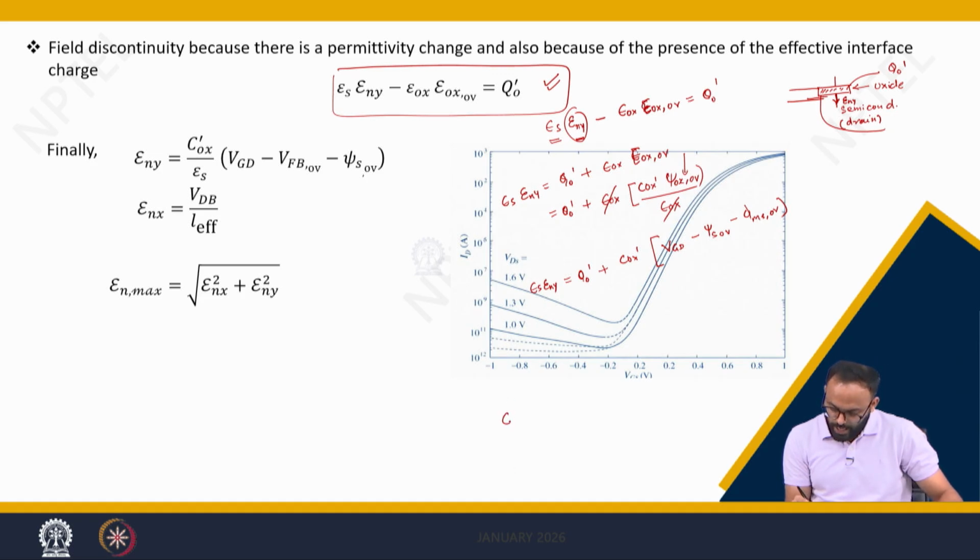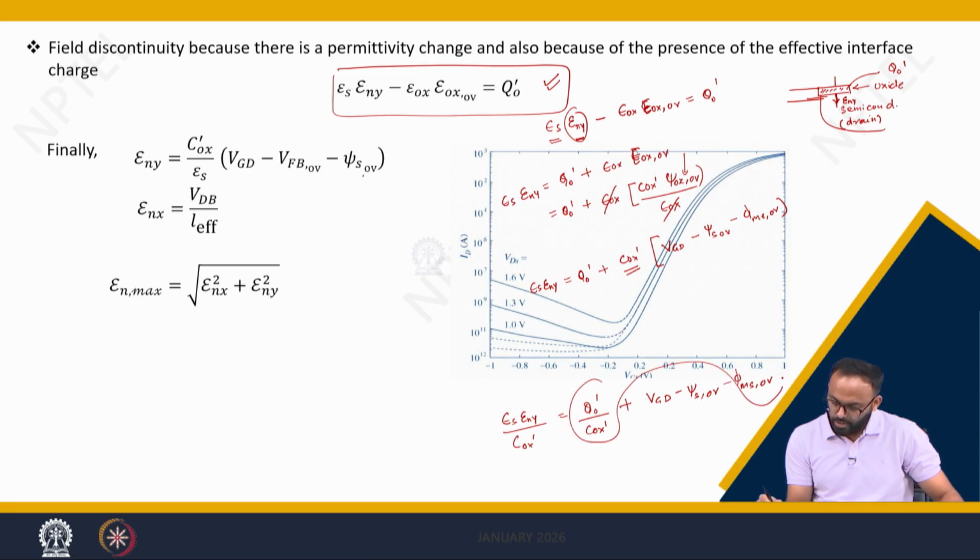Now, for epsilon S into E n y, you take psi Ox common, or multiply or divide by psi Ox on both sides, and you get psi Ox dash equals Q naught dash by psi Ox C Ox dash plus VGD minus psi S overlap minus phi ms overlap.